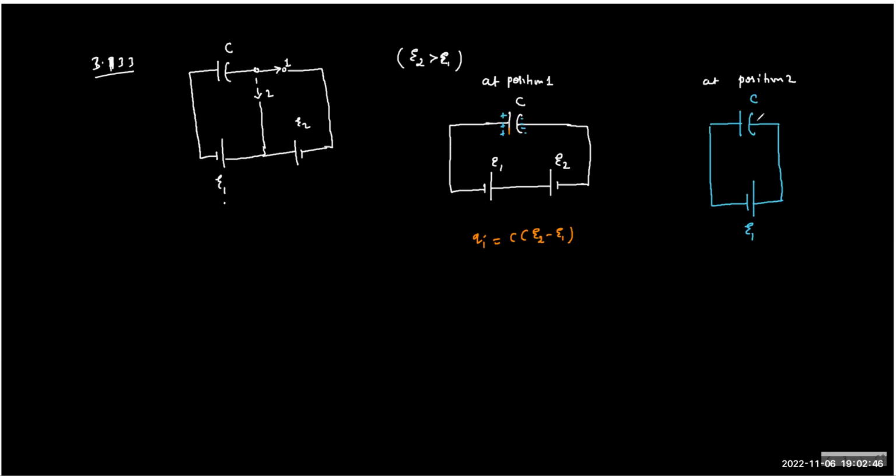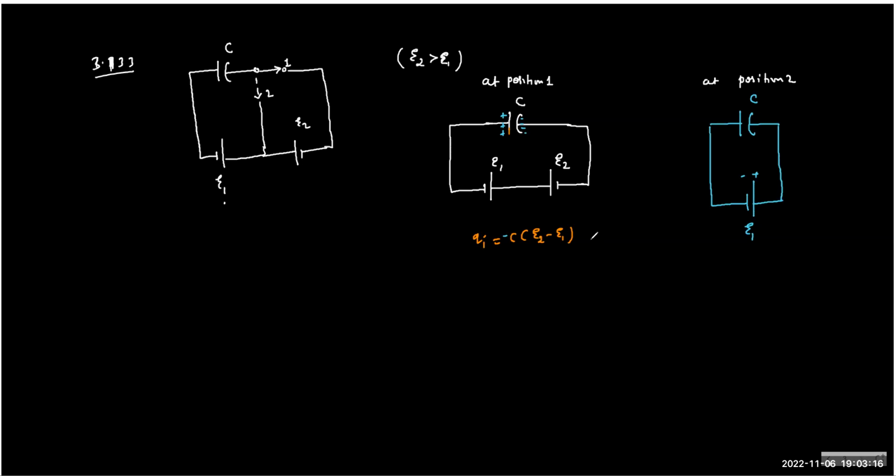So with respect to the new cell, the plate has how much charge? The plus plate, you can see, is connected to this one. So we need to check the charge on this plate in the old configuration, and what you'll get is minus C(E2 minus E1). Do you get it?